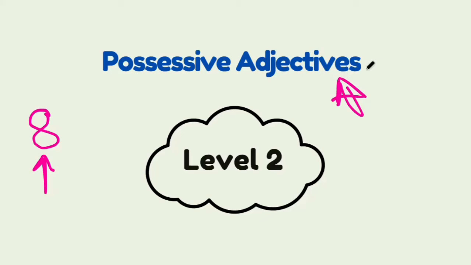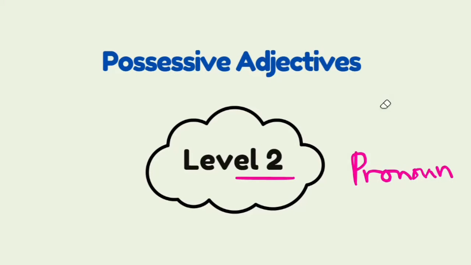But the tricky part about possessive adjectives is that people consider them pronouns as well. So you need to teach this to your year 2 students that possessive adjectives are not pronouns but they are adjectives.